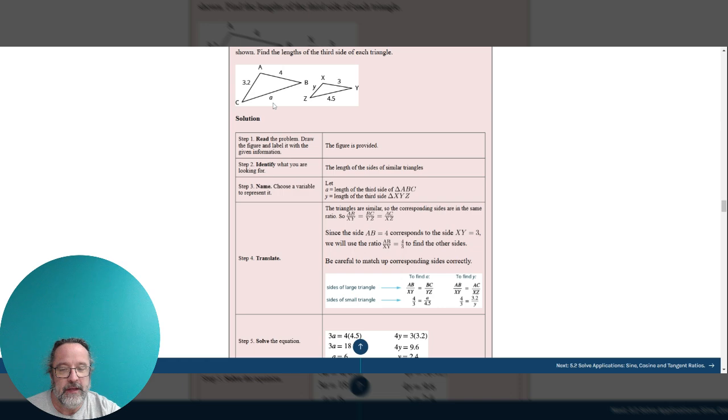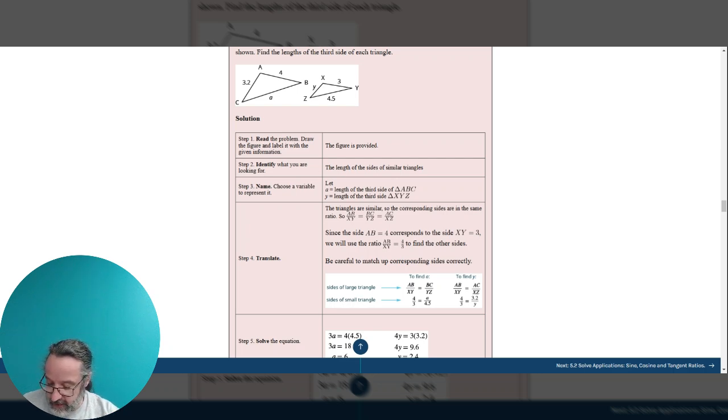Okay, so this one has to be larger. A has to be larger than 4.5 by a ratio of 4/3. So we would do 4/3 times 4.5. You want to do that for me?